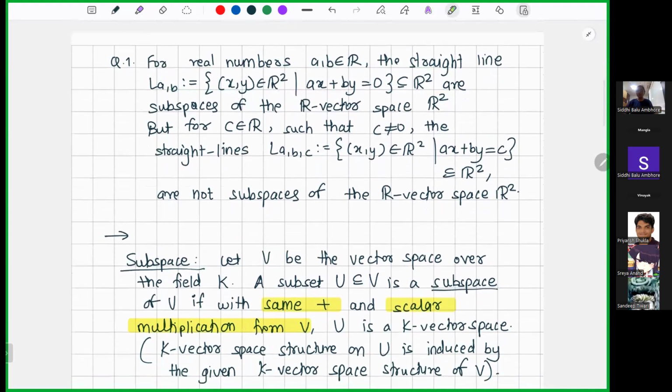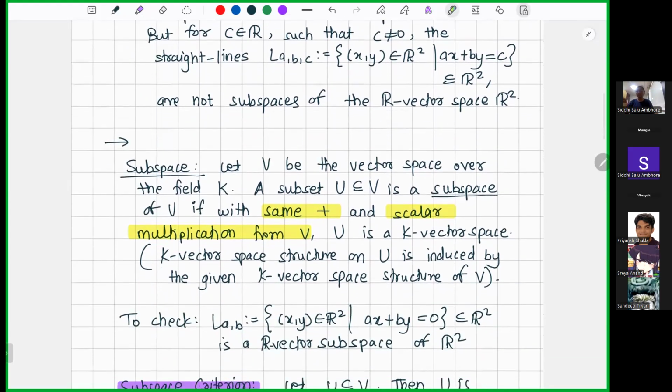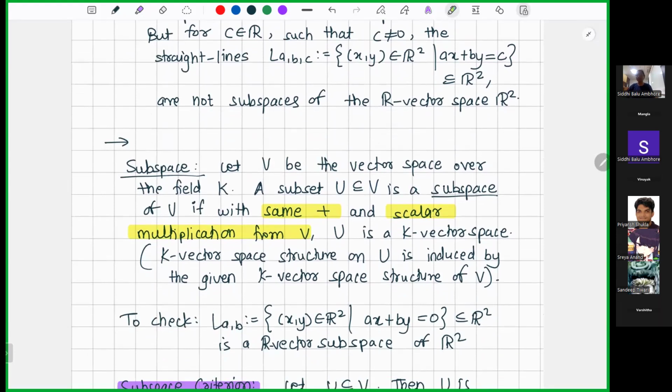When we say something is a vector subspace of a particular vector space, what we need to check is that the subset which we are considering must be a vector space in itself, under the same addition and same scalar multiplication.